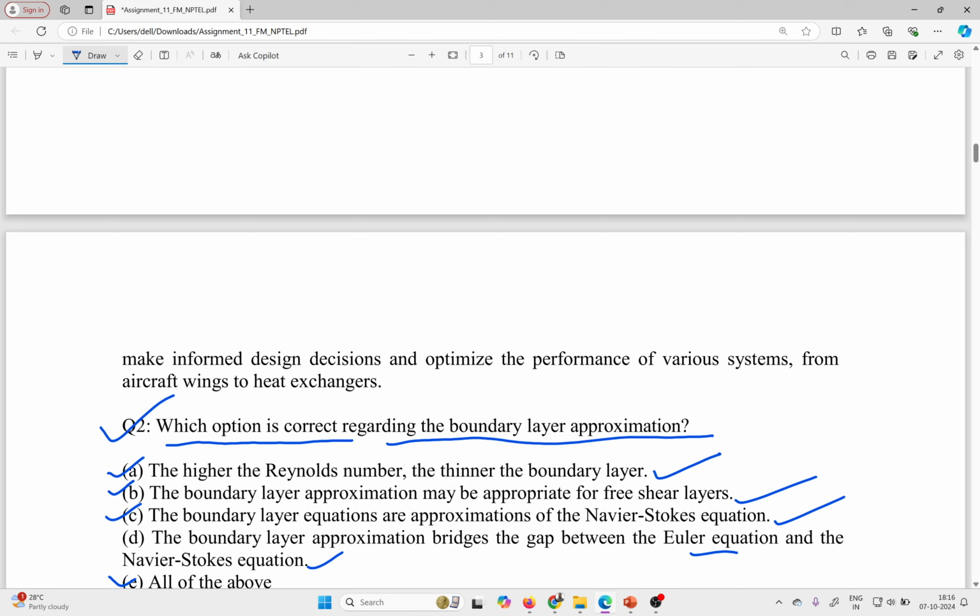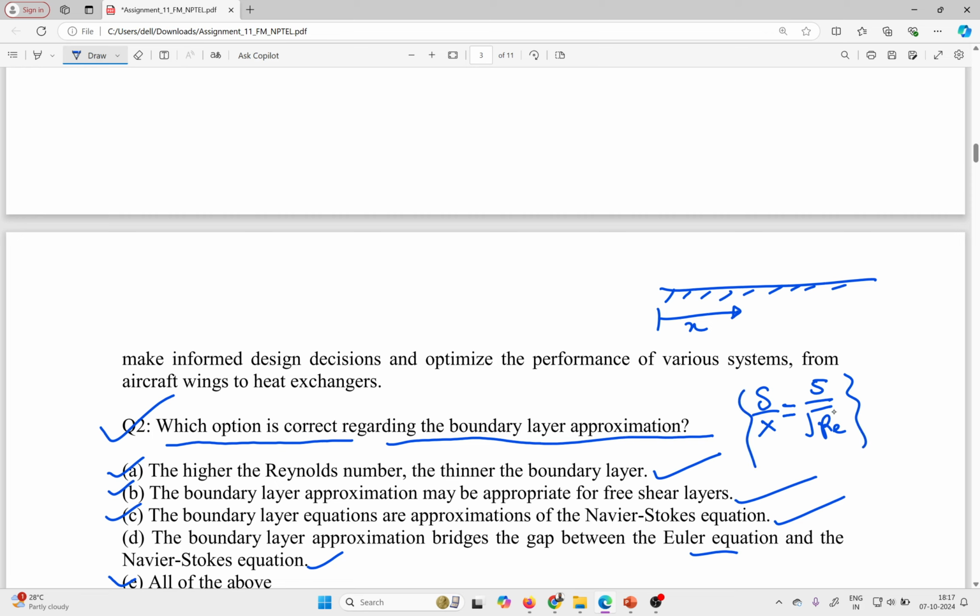If I talk about a result from the Blasius experiment, if your boundary layer is laminar, then delta, that is the boundary layer thickness, divided by the distance x, is equal to 5 by root under Re.